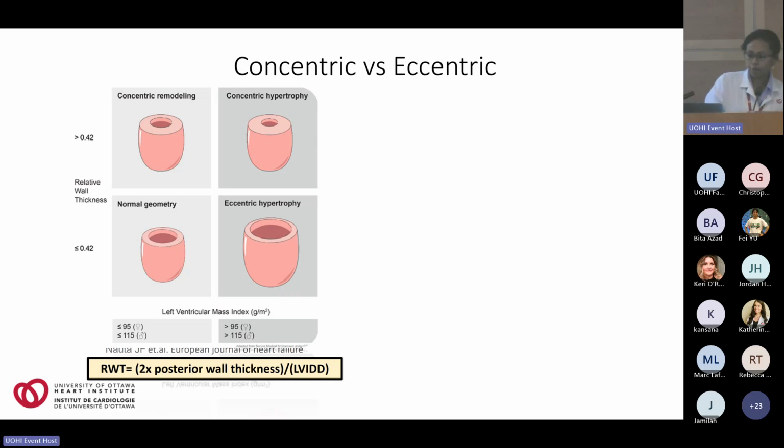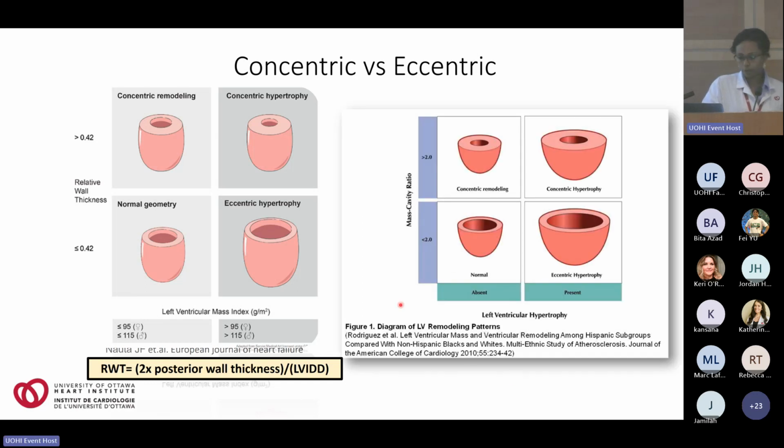So this way, the heart tries to meet the demand by increasing the stroke volume. LV hypertrophy is traditionally classified as concentric or eccentric based on the ratio of the LV wall thickness to chamber dimension. It's now more accepted to describe the LV geometry according to the four-tiered LVH classification. We compare the ratio of the LV hypertrophy to the cavity size by either measuring the relative wall thickness, as is done by echo, or we can also look at the ratio of mass to cavity, as we commonly do with CMR.